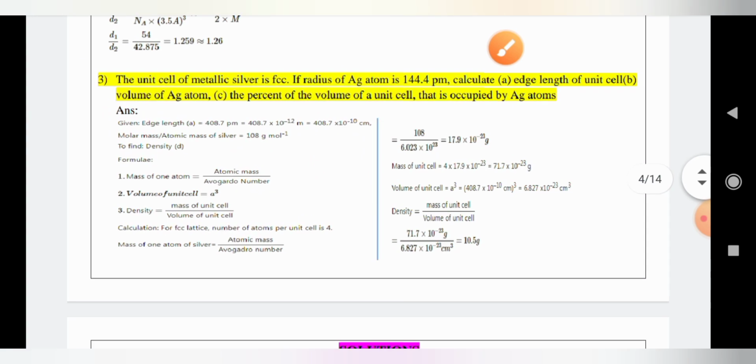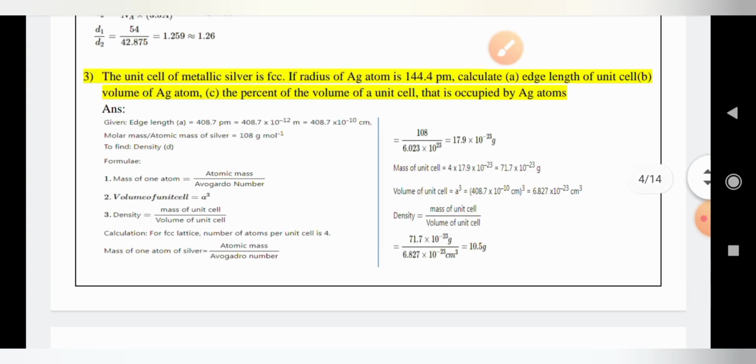Next, the unit cell of metallic silver is FCC. If the radius of atom is 144.4 picometer, we have to calculate edge length, volume and percentage of volume of unit cell.